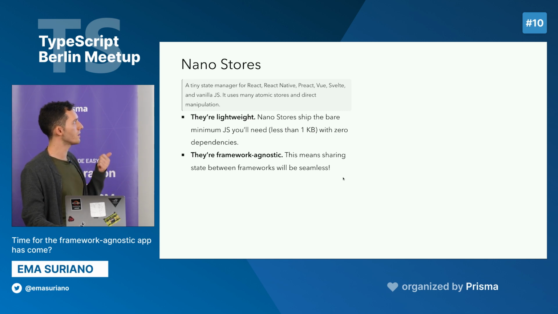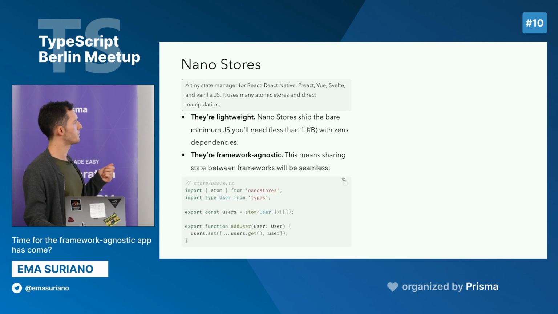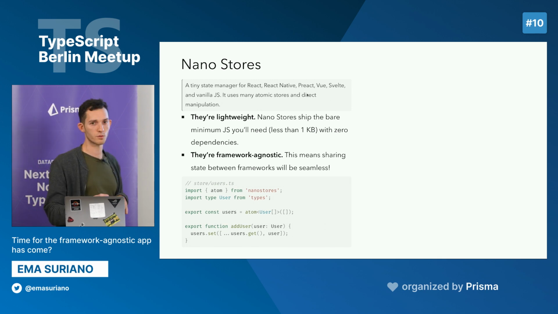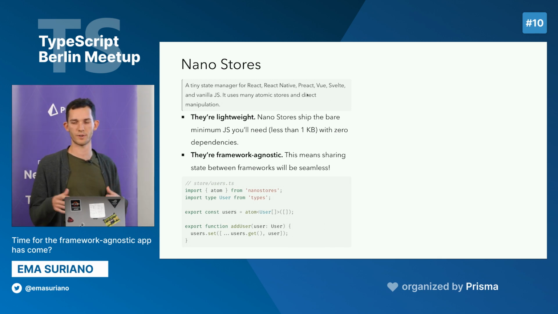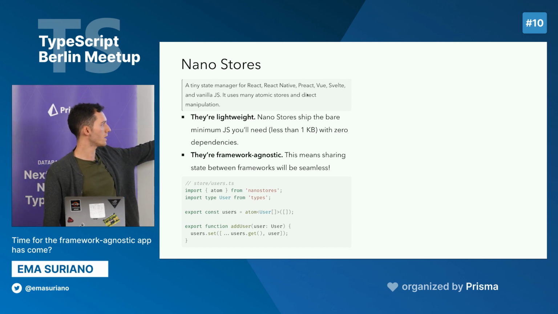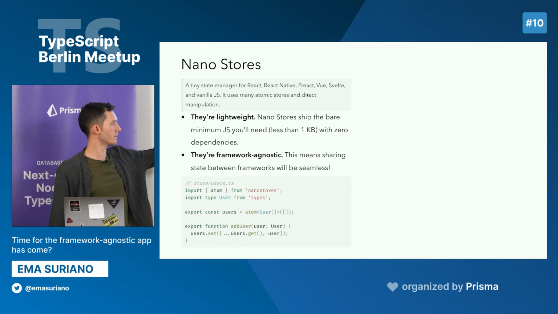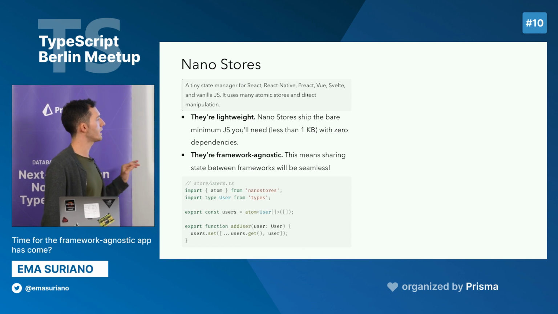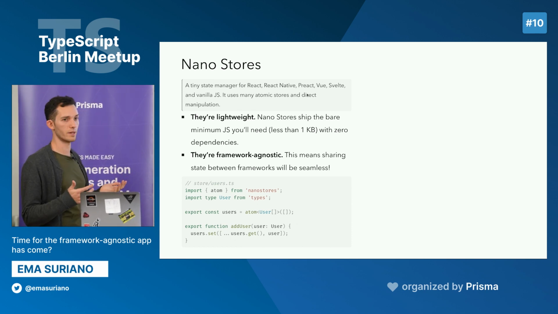They actually recommend it in the documentation of Astro. And it's pretty nice. It's the same concept of atomic stores, very similar to what Facebook did with Recoil. So we can define atoms, and our atoms have a get and a set here. And those are the basic directives.